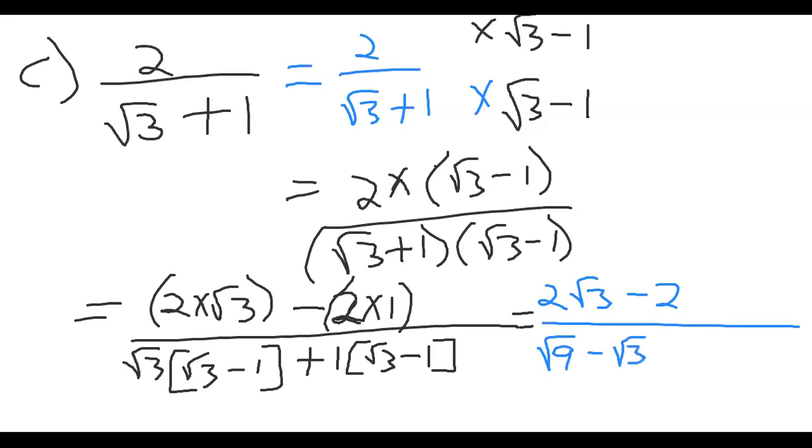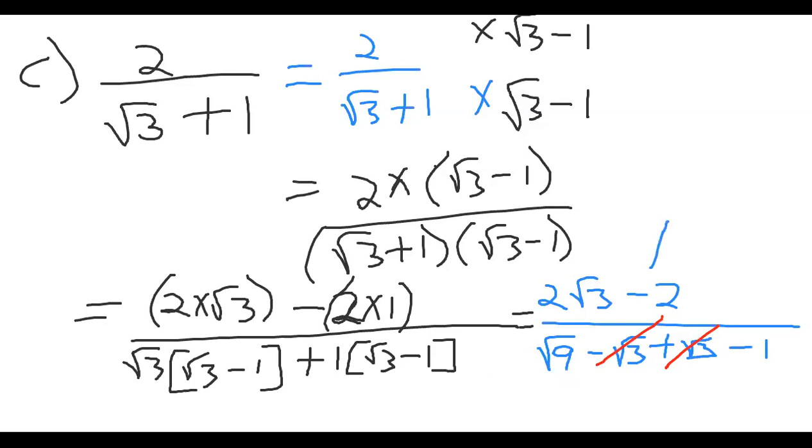Then 1 times root 3, you get plus root 3. Then positive 1 times negative 1, you get minus 1. So from this, we can see that this positive and negative cancel out. Let me write it up here. Running out of space.